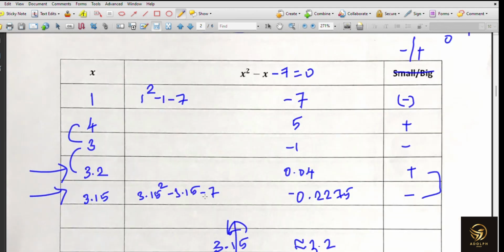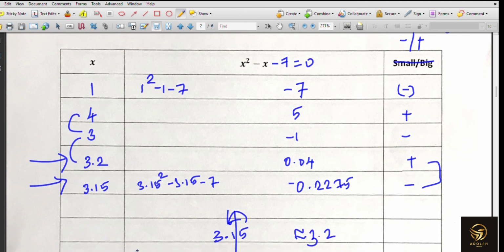I'm just finding for two decimal places where the solution is going to be. I found 3.15 and 3.2, and the answer is in between them. I did not find it exactly, but if I round both the boundaries, I'll be getting 3.2. So 3.2 is the answer.